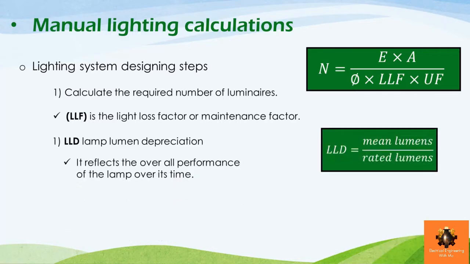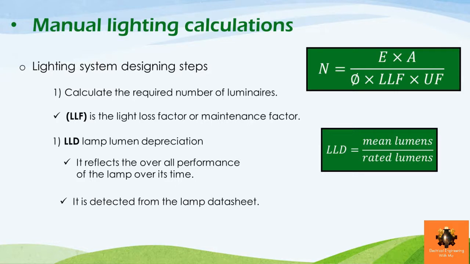And this factor LLD equals the mean lumens over the rated lumens. So we calculate the average lumens compared to the rated lumens that the luminaire is designed to produce. And this value is also taken from the lamp datasheet, so it depends on the luminaire type itself.